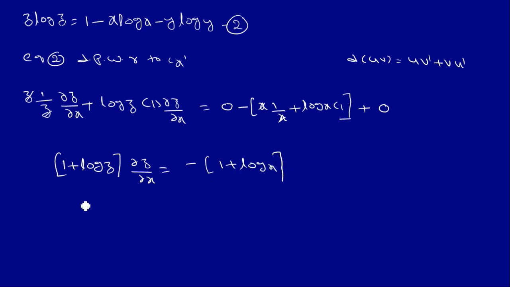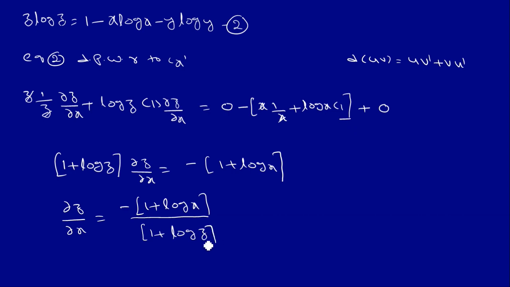Therefore ∂z/∂x equals minus (1 plus log x) by (1 plus log z). Similarly, ∂z/∂y equals minus (1 plus log y) by (1 plus log z).